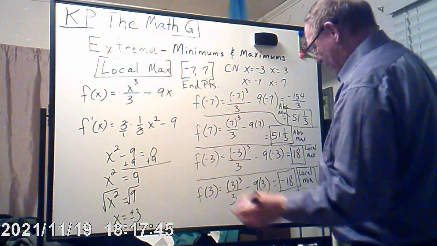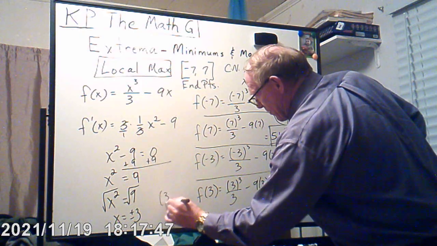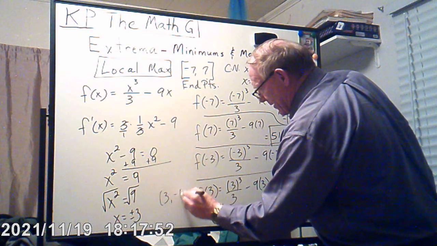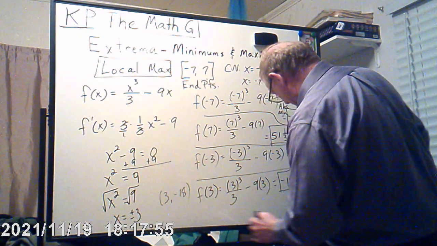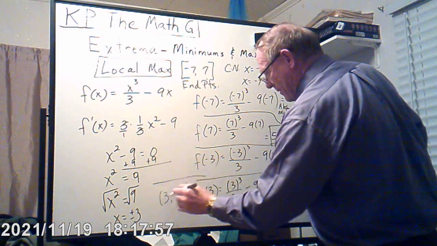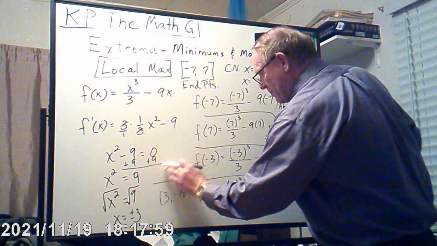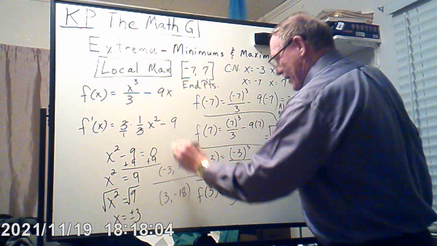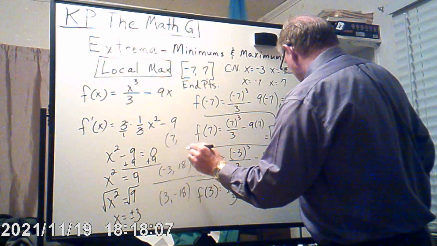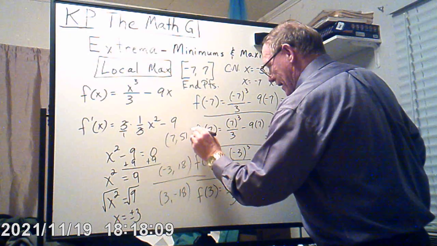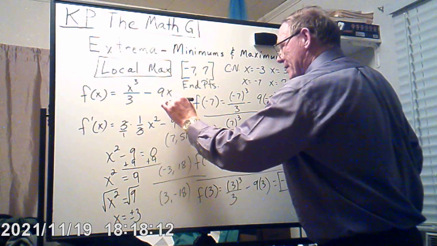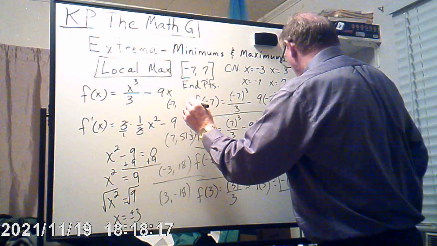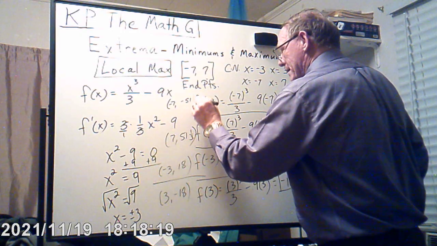If they asked for the point, you would have -3, -18, and then +3, -18, this one would be -3, comma 18, this one would be 7, comma 51 and a third. Alright, and then this one would be -7 and -51 and 1/3.